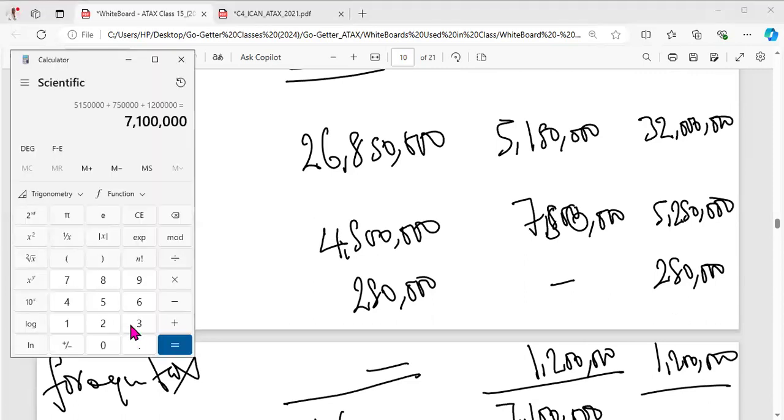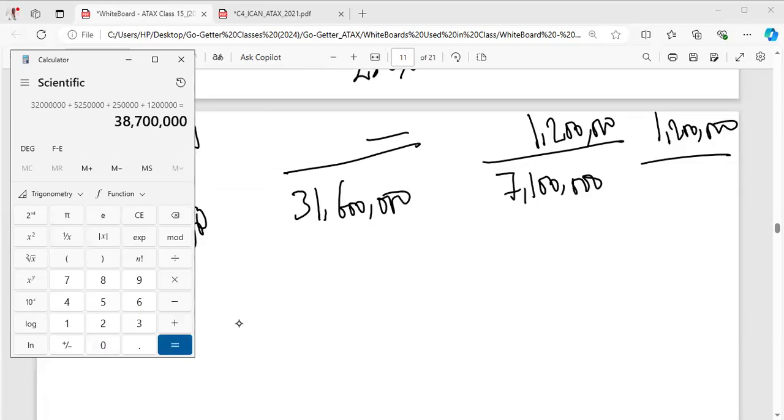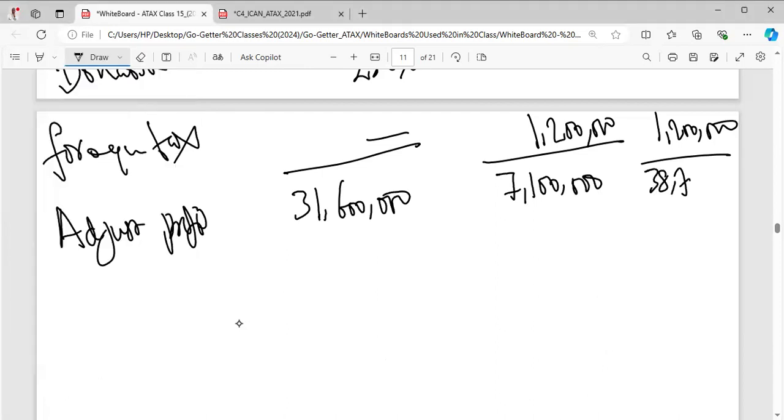We have 32 million plus 5,250 plus 250 plus 1,200,000. That gives me 38,700. All right, this is adjusted profit.